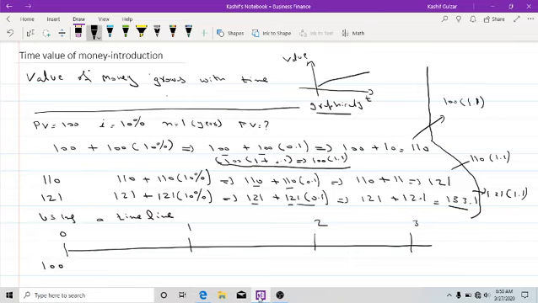So if I use the timeline, after 1 year, what is going to be 100 into 1.1. Okay, let's do it another way. I want to make it clear to you using a different color.